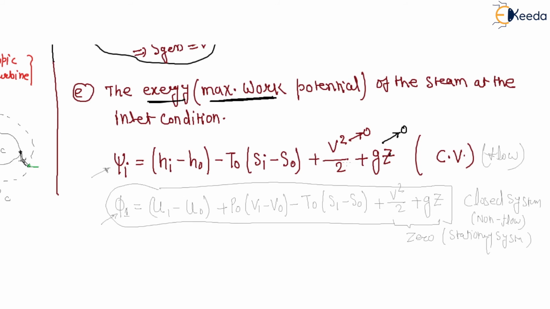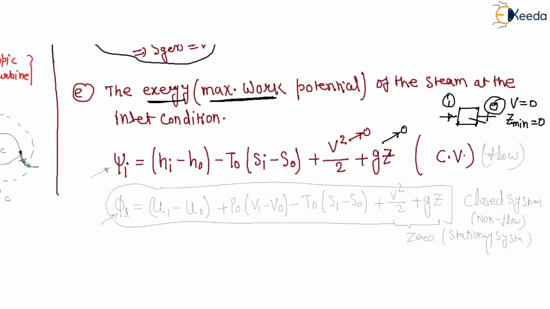If there is kinetic energy, then there is a chance to again produce exergy. So if this is a control volume with inlet I, and for maximum, this is O. At this point there is no velocity, and Z is the minimum, approximately 0.